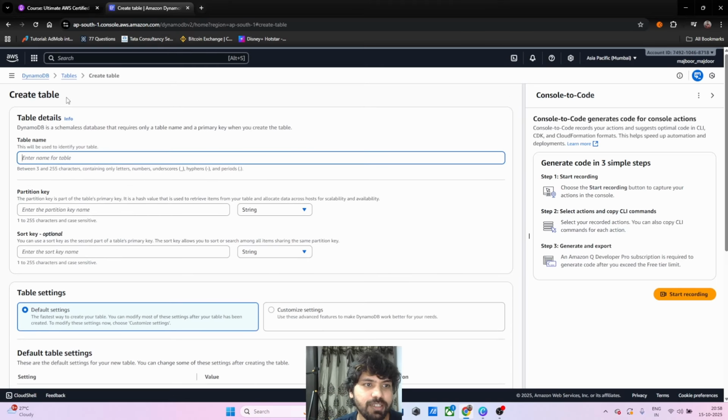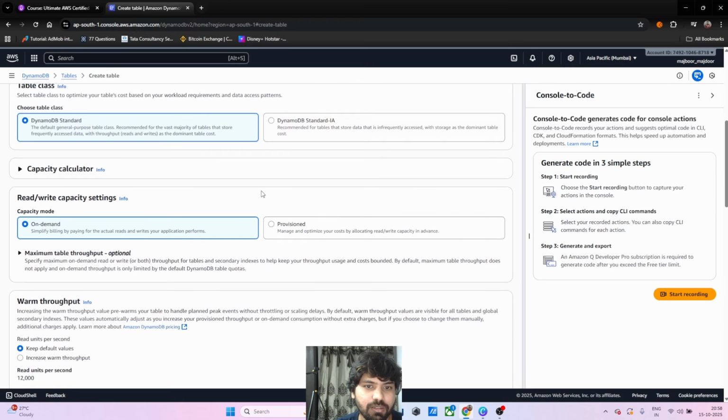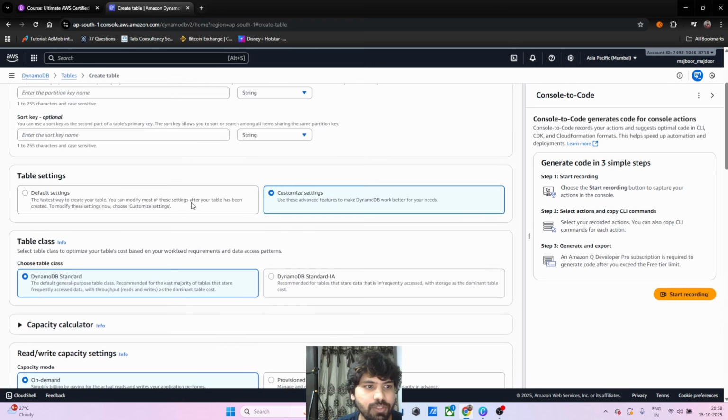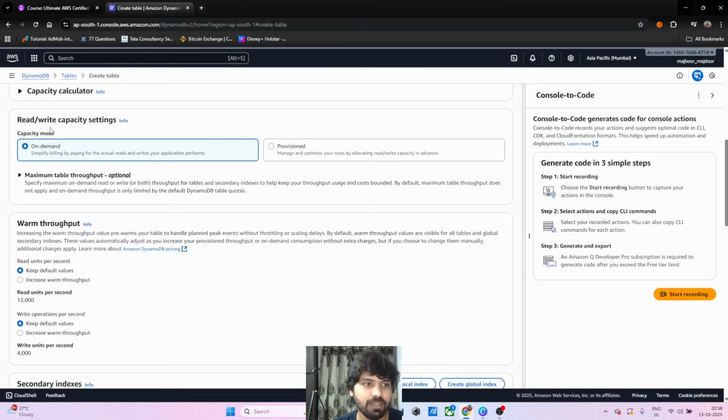So when you create a table, at that time it will ask you, here you have to click on customize settings. Then if you go here, you can see that there are two modes of reading and writing.